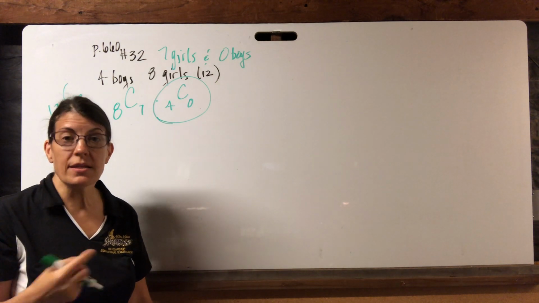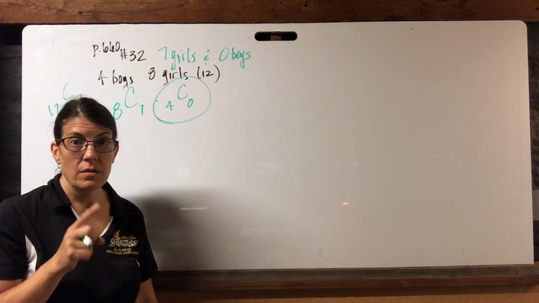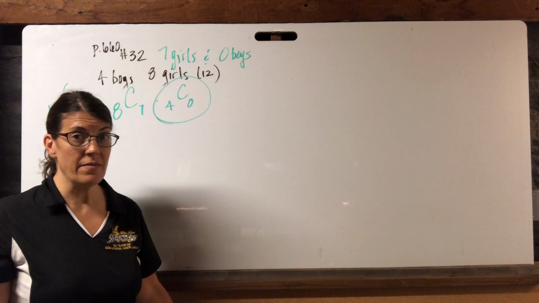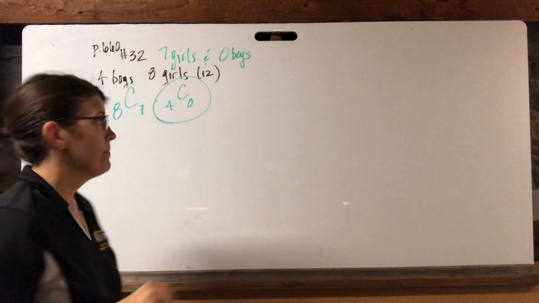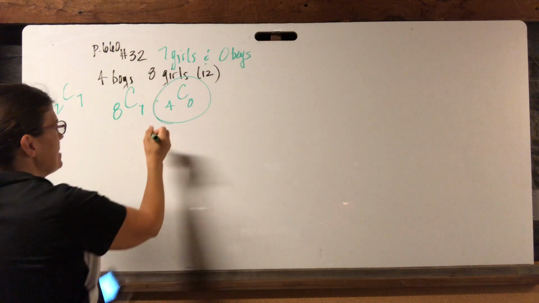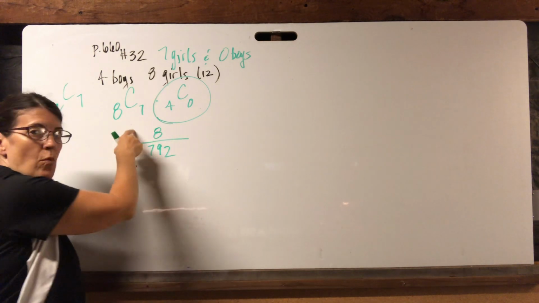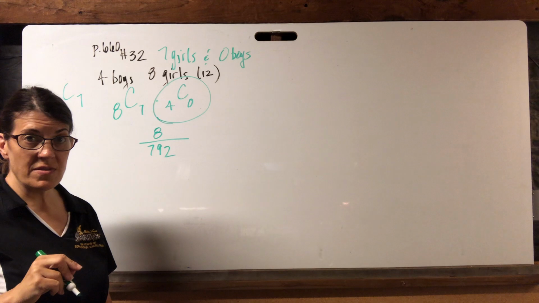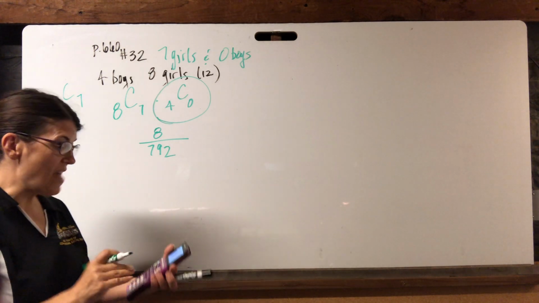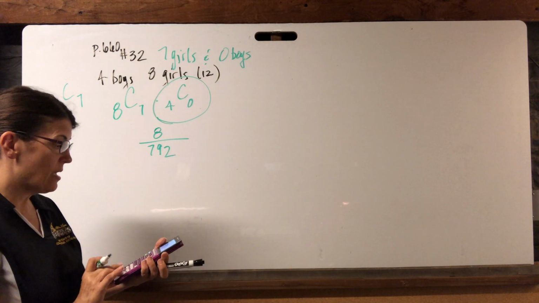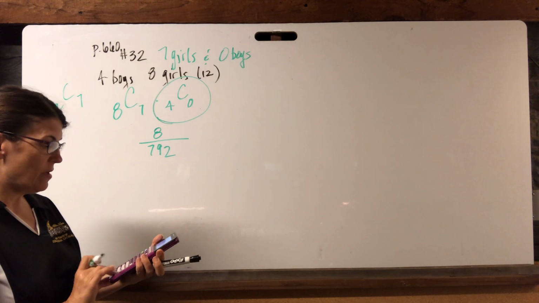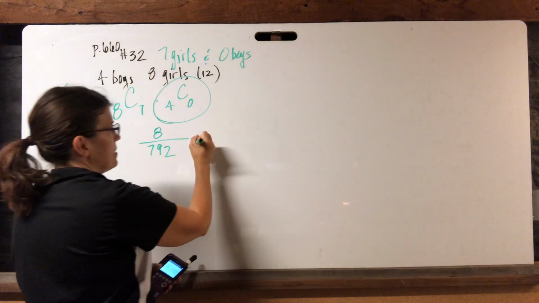How many ways can you choose none of the boys? One way. Don't choose any of them. So technically it's 1. So it's 8 over 792. So there are 8 ways to choose all girls. The probability of that happening is pretty slim. 1%.